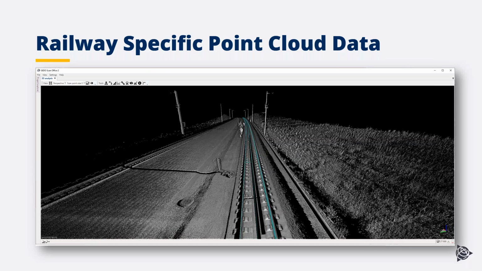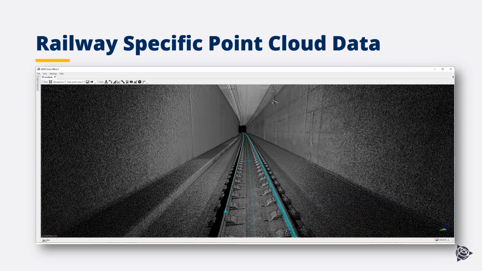As you can see in GEDO Scan Office, we can look at this data in different perspectives. The quality is extremely good and high. If we are in the tunnel environment, what was not possible before becomes possible: we can see clearly the bottom part of the track.